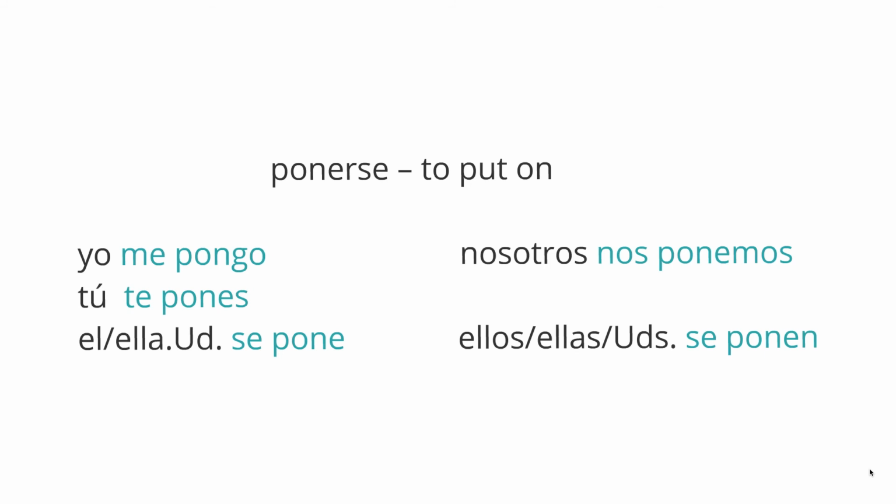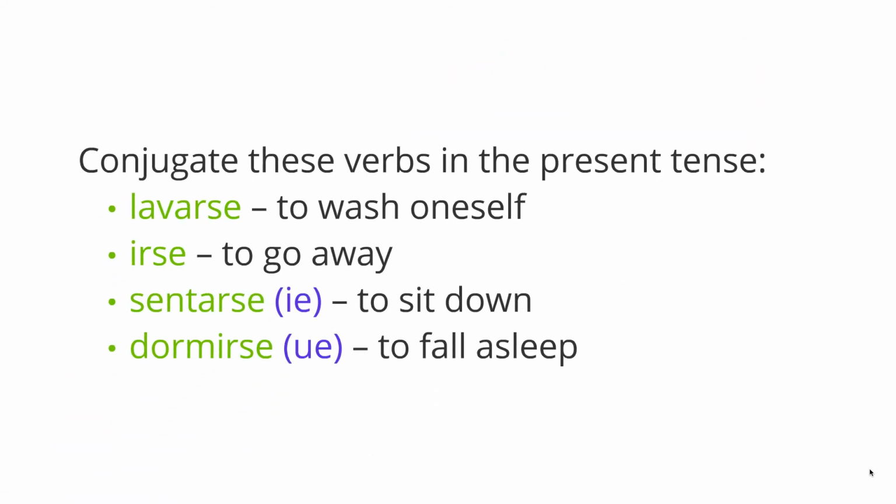All right? So, in order for you to get a little practice, I want you to take these four verbs. I want you to take the verb lavarse, to wash oneself. Remember the steps to conjugating it. Irse, we've had the verb ir before. It means to go. When it's reflexive, it literally means to go away. Sentarse means to sit down. It's an AR verb, but notice it's also a stem changing verb. That E changes to IE.